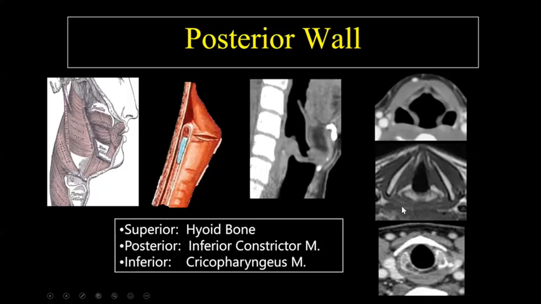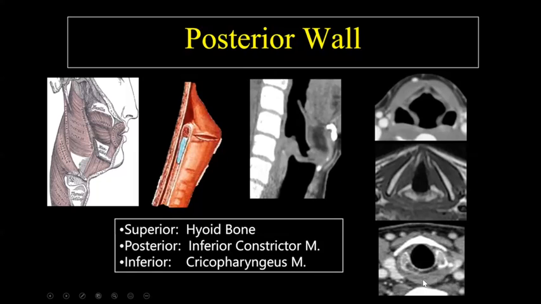Now, more inferior to it, we can see the tip of the arrow forming the posterior pharyngeal wall. This high signal here forms the lumen, and the posterior pharyngeal wall is typically very, very thin. Now, more inferiorly, there's a transition between the posterior pharyngeal wall and the opening of the esophagus, and this transition is referred to as the esophageal verge, and we'll have much more to say on this later.